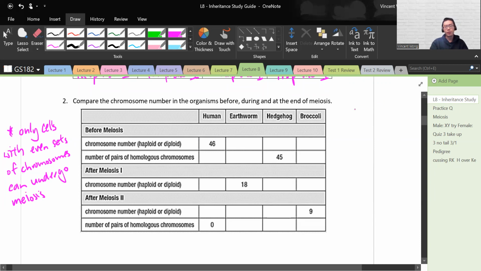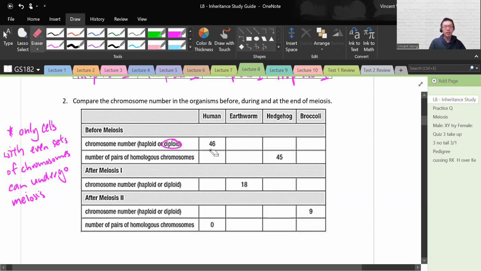If something has 3 sets of chromosomes, that is not going to undergo meiosis because you can't divide 3 by 2. You cannot have 1.5 sets for each cell. So you need to have even sets of chromosomes. In this case, it has to be diploid.